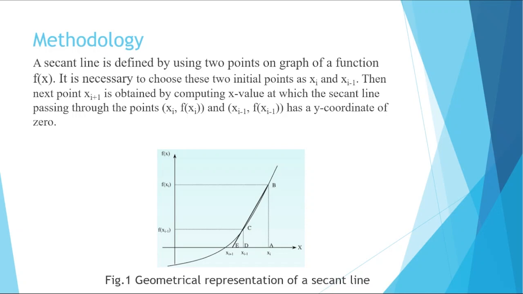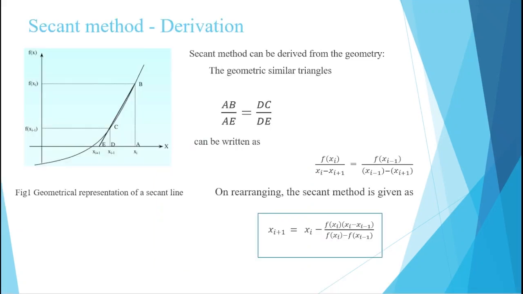Specifically, the next point, or the estimate, x_{i+1}, is obtained by computing the x value at which the secant line passing through these points has a y coordinate of 0.